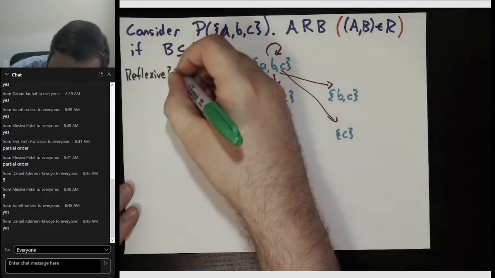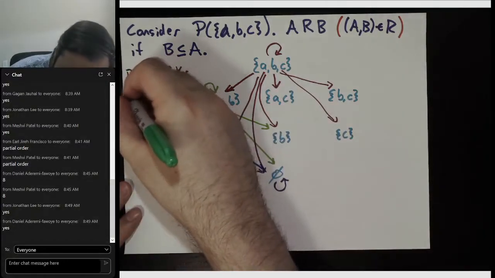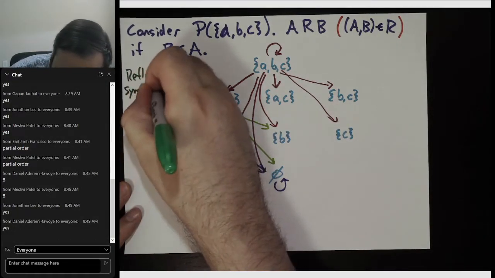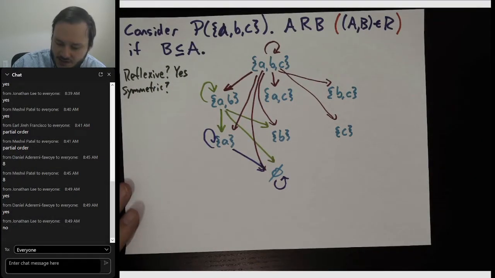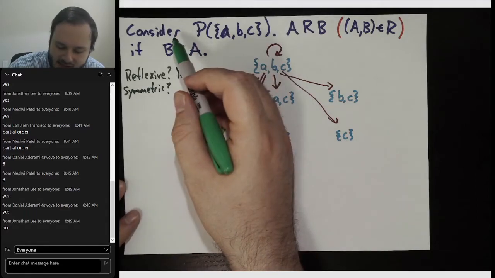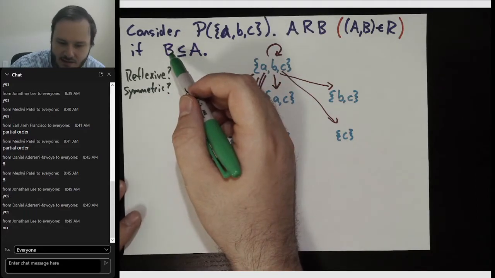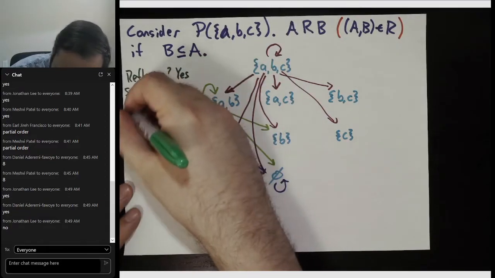Yep. We do have reflexive. Is it symmetric? No, not symmetric, right? If B is a subset of A, then A is not a subset of B unless they're equal. So it's not symmetric, but it is anti-symmetric.